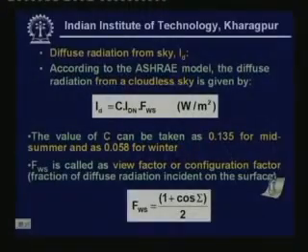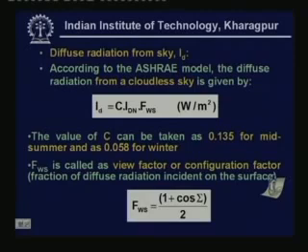And this factor, as I said, the view factor, is nothing but the fraction of diffuse radiation incident on the surface, and it can be very easily shown that F subscript Ws, the view factor, is equal to (1 plus cos sigma) by 2, where sigma is the tilt angle defined earlier. So for a horizontal surface the tilt angle is 0, so the view factor is equal to 1, that means it receives all the diffuse radiation.